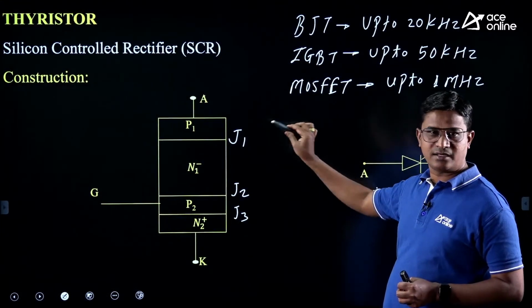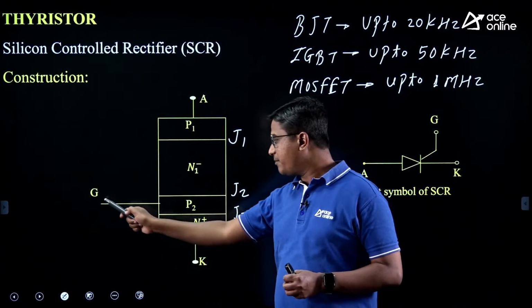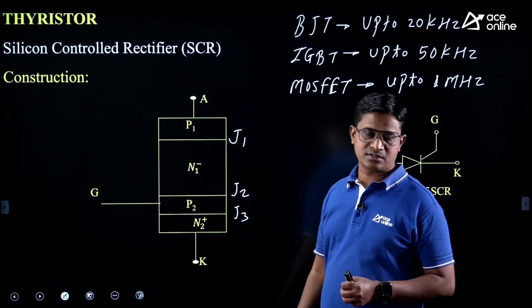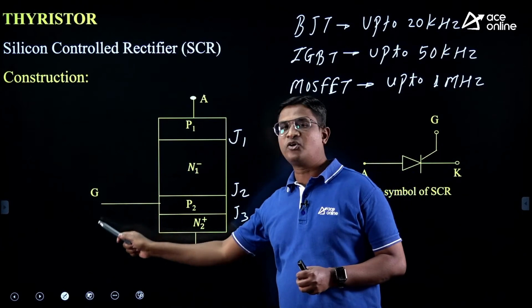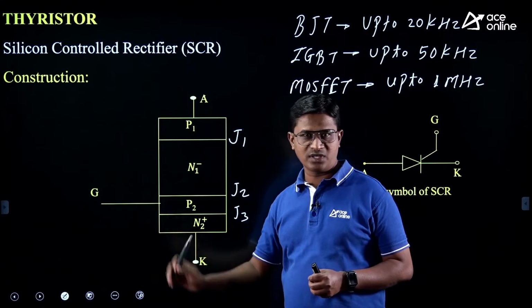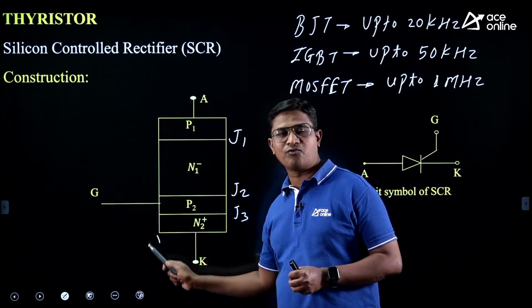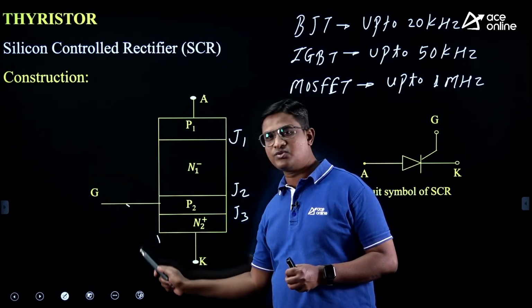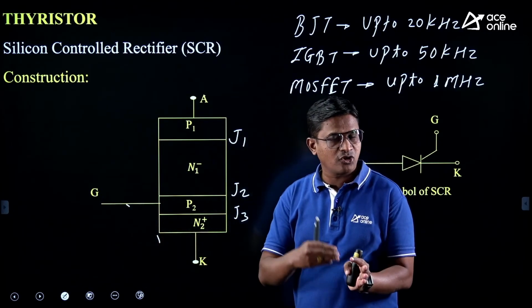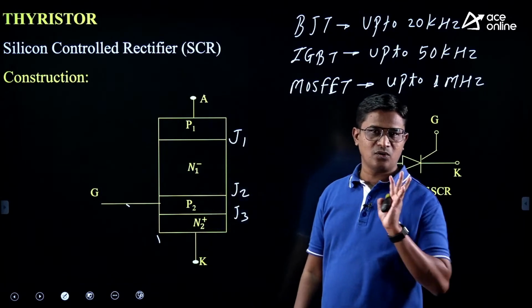High voltage, high current circuitry. Whereas between the gate and cathode terminals, you will have the controlling circuitry. So here we connect the elements and form the circuit. This circuit is used to control the operation of your SCR, silicon controlled rectifier.